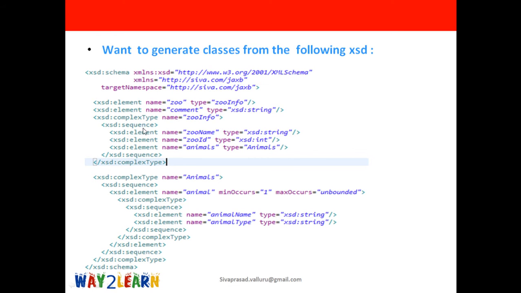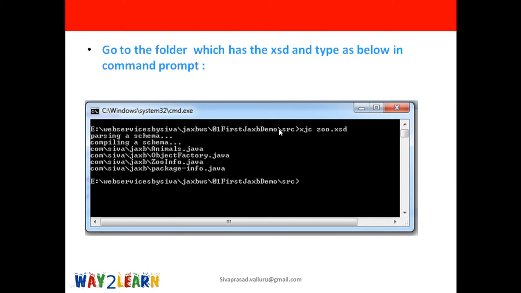Here I have a complex type ZooInfo and animals, which has a list of animals. This is a simple XSD. From this, if I want to generate classes from the command prompt, how do I do it? Just go to the command prompt, type XJC space the XSD name. That's all. You need to make sure that the JDK bin is in the path, then only XJC can be invoked from anywhere. It will generate all the classes.